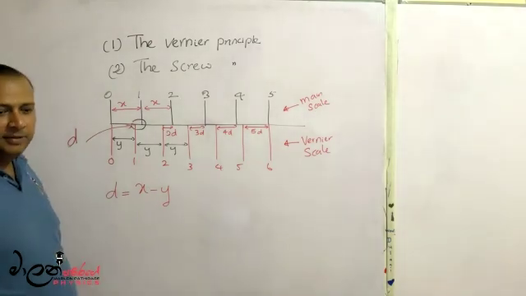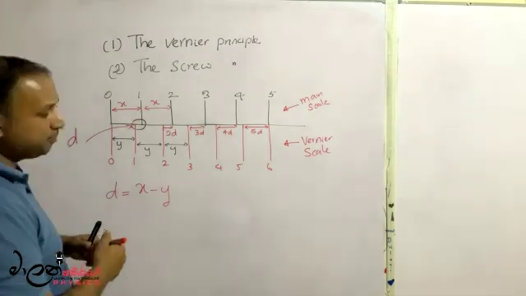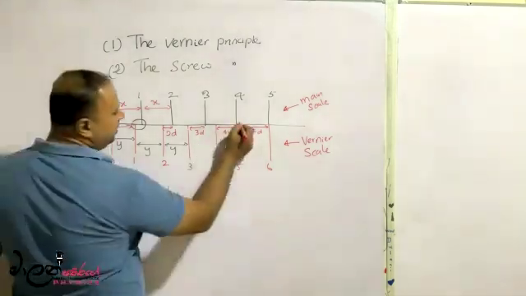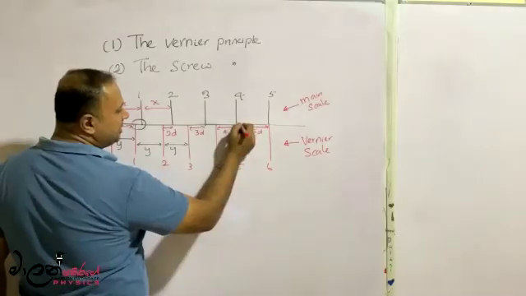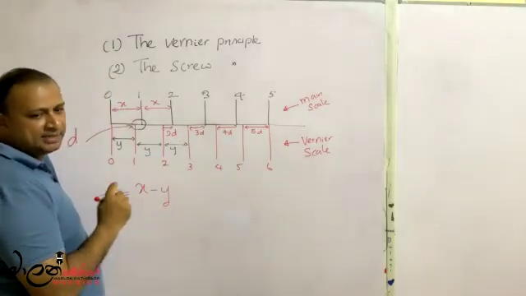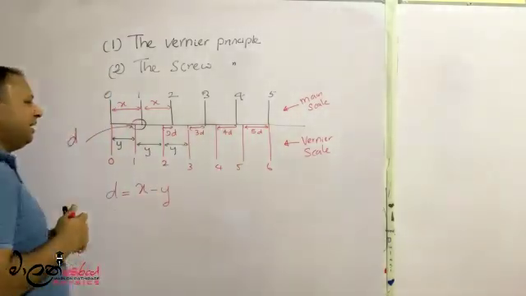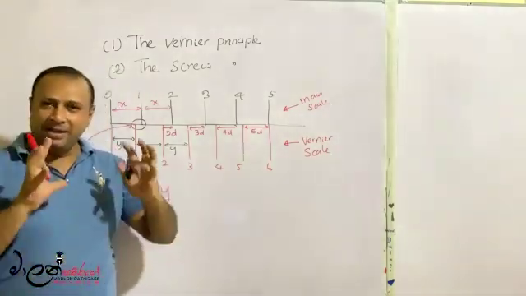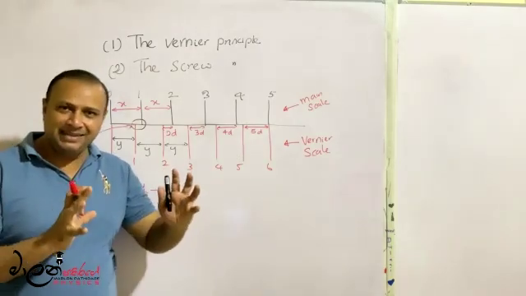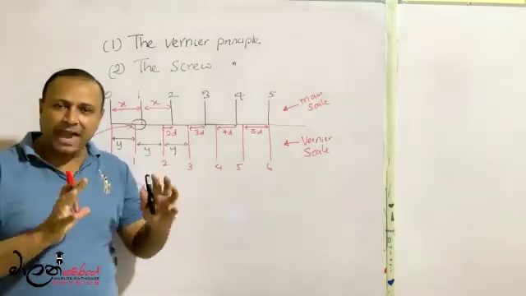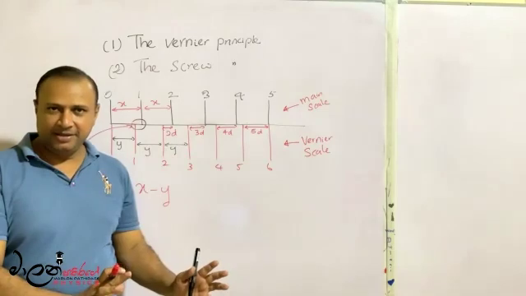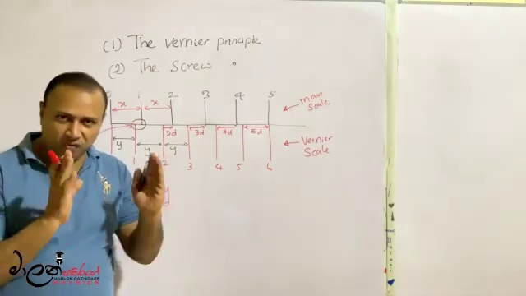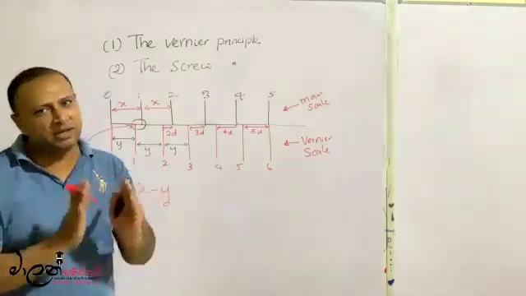Yes, yes. Only this gap should be D. Your concern is okay, but the least count means it is the smallest gap that can be measured.